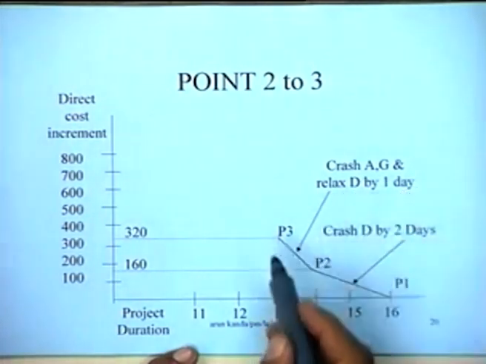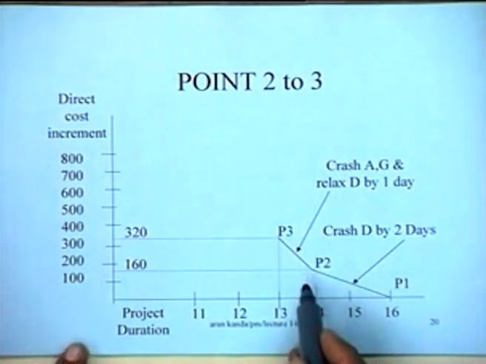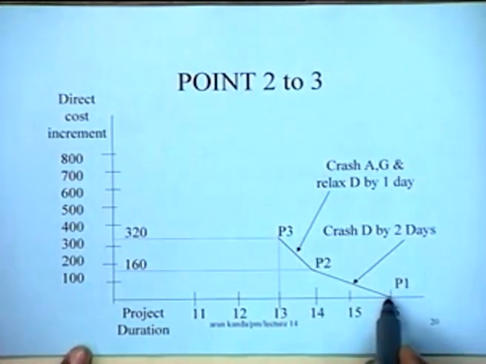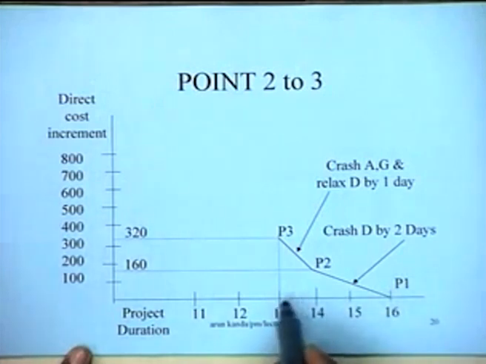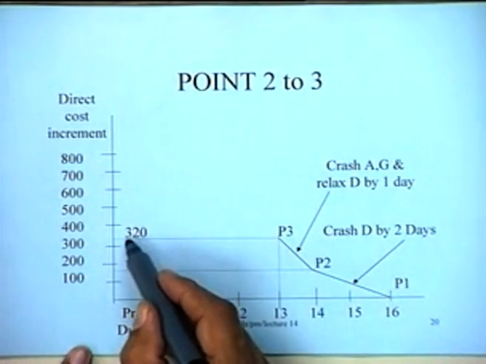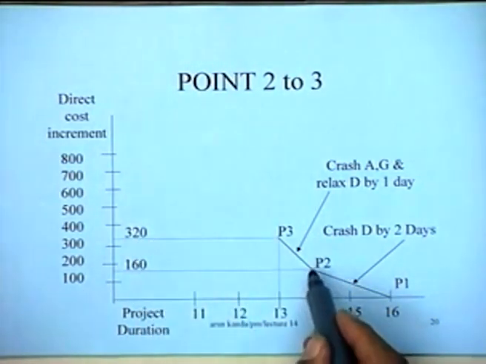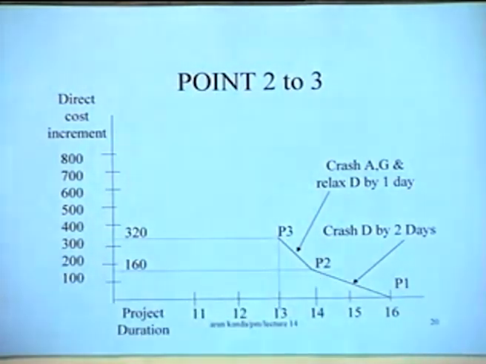And this cost slope is 160 rupees. So this is only 1 day reduction. We have reduced the project duration from 16 to 14 and then to 13 now. And in 13 the total cost has become 320. So this is how we make a transition from point 2 to point 3.